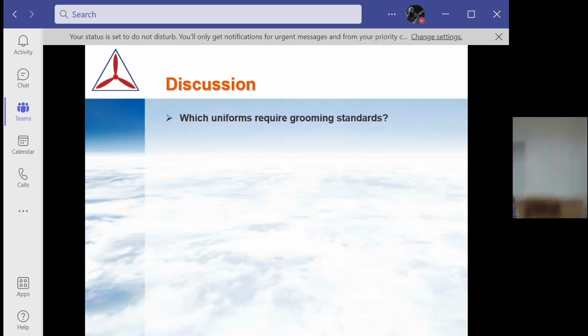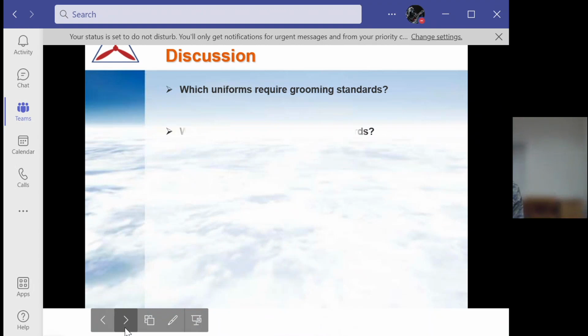I had hair down to my shoulders because I was only wearing corporate. People can wear beards down to their chests in the corporate uniform, but the question is which ones require the grooming standards? Air Force style, yes.